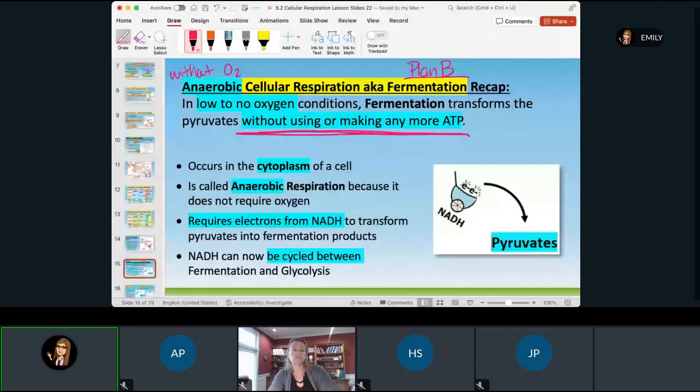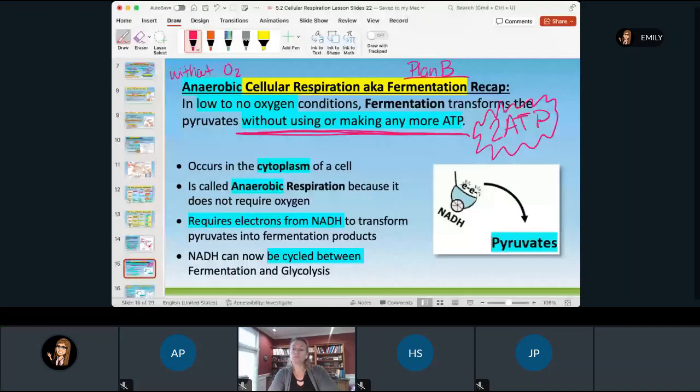I'm only getting 2 ATP. Do you see how this is not efficient at all? If with oxygen, I can make 36 ATP, and without oxygen, I can only make 2. Does everybody understand why cellular respiration is plan A? Why that's the ideal plan to go through? Okay, good.